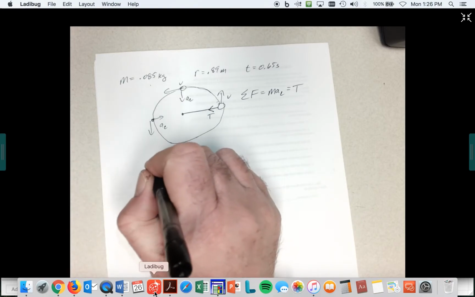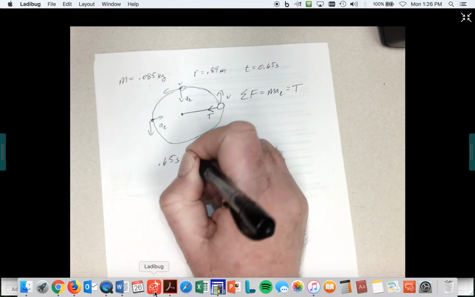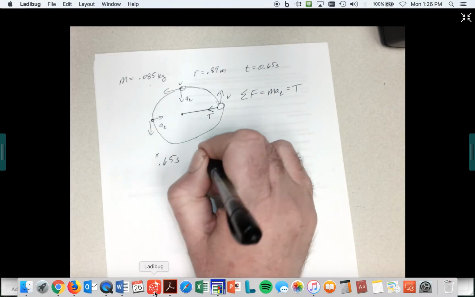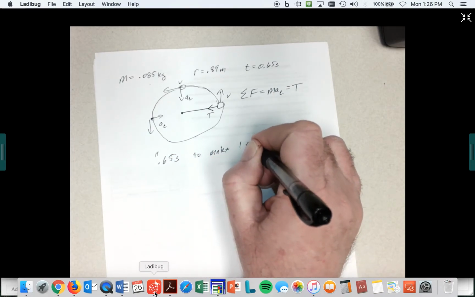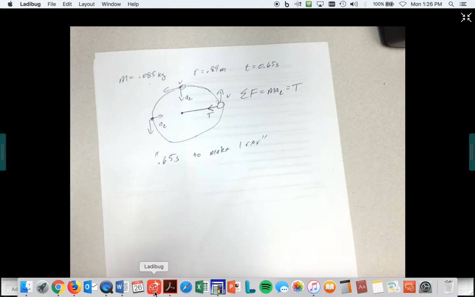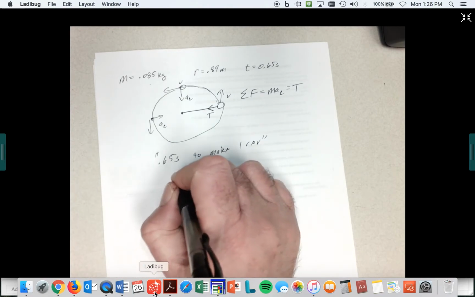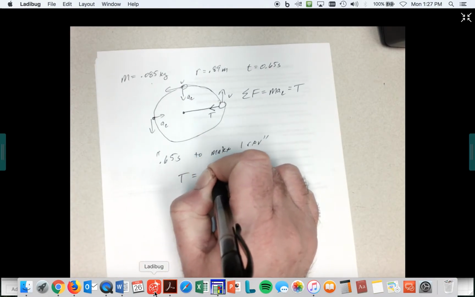It said it took 0.65 seconds to make one revolution. That means going around that circle took 0.65 seconds, so T is equal to 0.65 seconds.